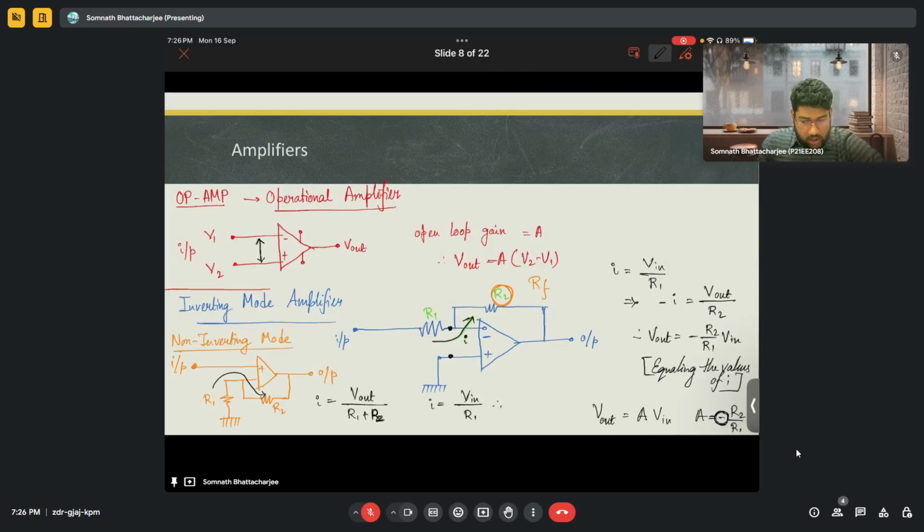So we can write V out equals 1 plus R2 by R1 into V in. As this term is clearly in a positive state, this is called the non-inverting amplifier.